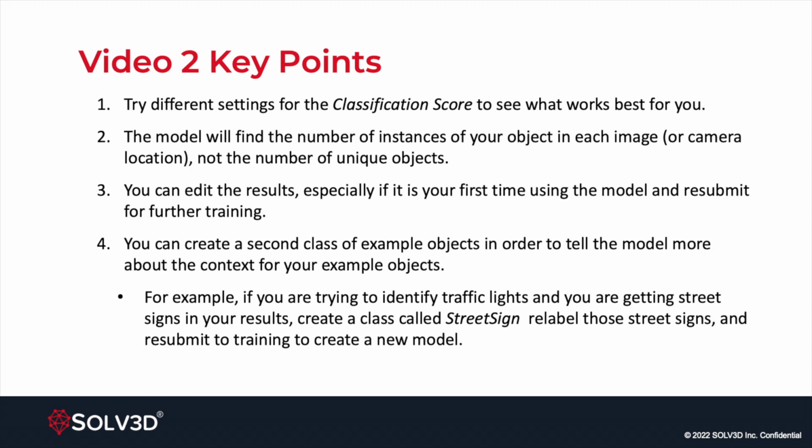For example, if, as in this video, you're trying to identify traffic lights, but you're getting some street signs showing up in your results, create another class, call it street sign, relabel the ones that it found thinking that they were traffic lights as street signs, add some more street signs in, and resubmit to training. And the algorithm will then take that extra information and create a new model which may give you better results.